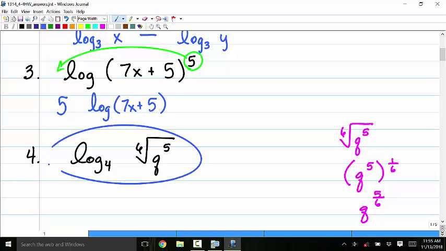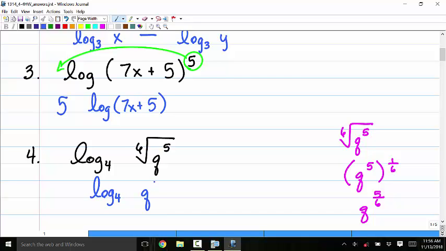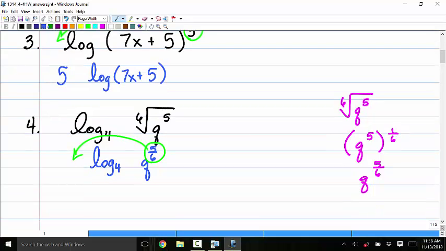So how would I write this? Log base 4 of q to the 5/6, and then that power is going to move to the front, and you would write it as 5/6 log base 4 of q.